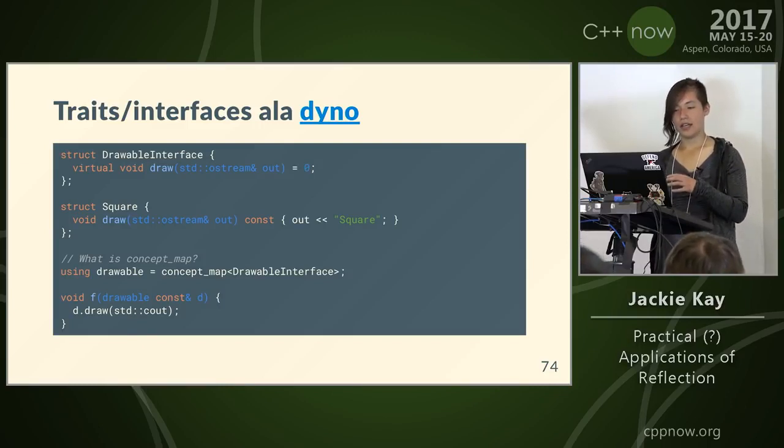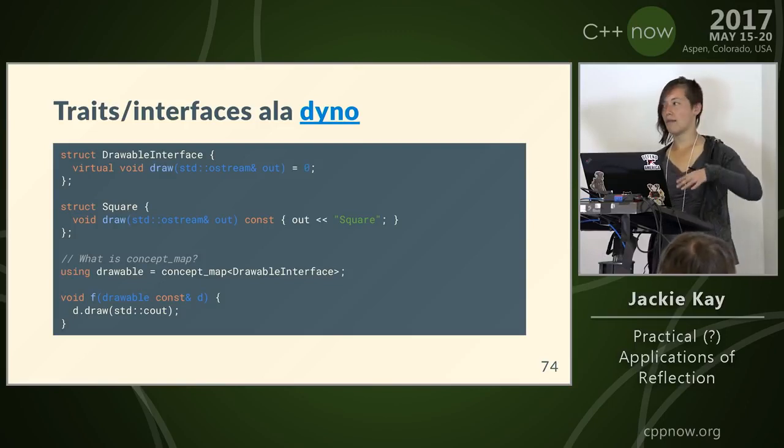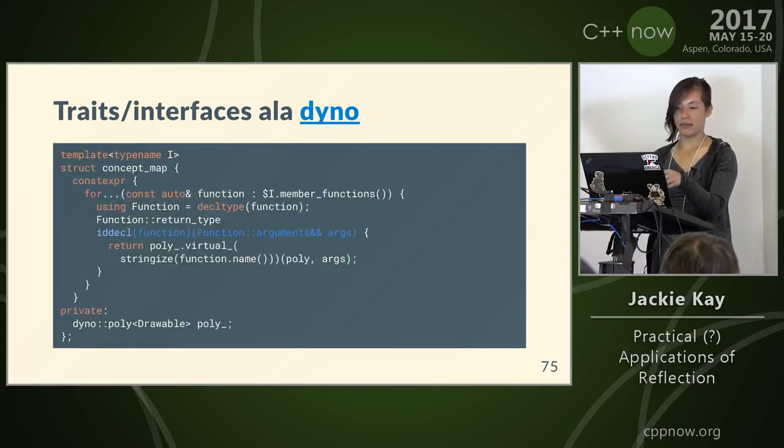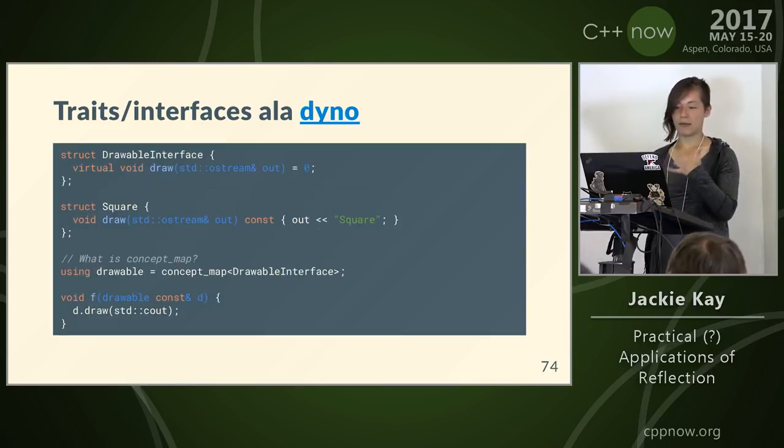If you look on GitHub, you can find an intro example to this library. We're running out of time. I'm not going to totally explain it, but we can take a little bit of boilerplate out of this by saying define the interface, then define this concept map template, and in that we do this ID decal thing where we delegate to the underlying polymorphic storage instead of in the library as it is right now.